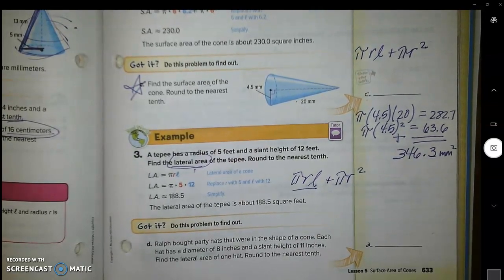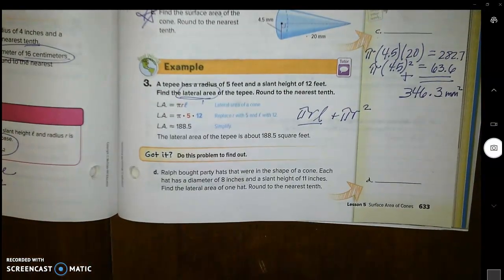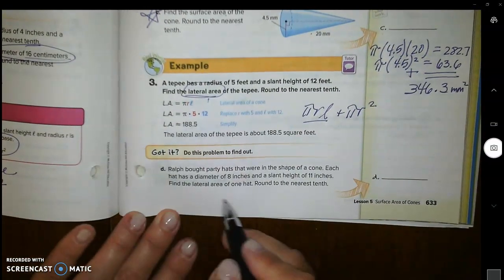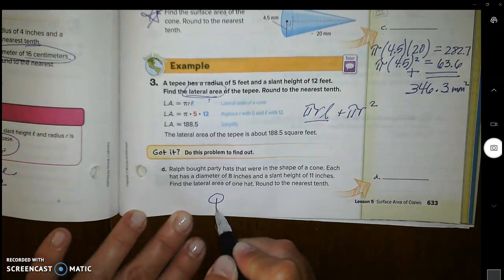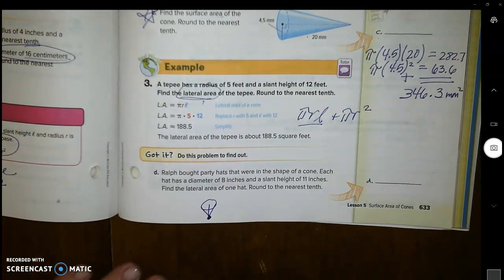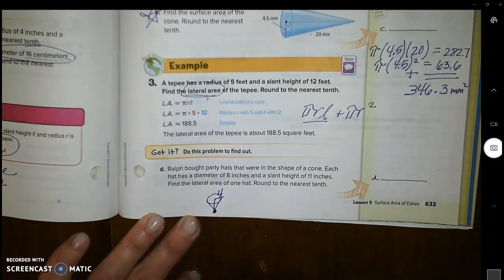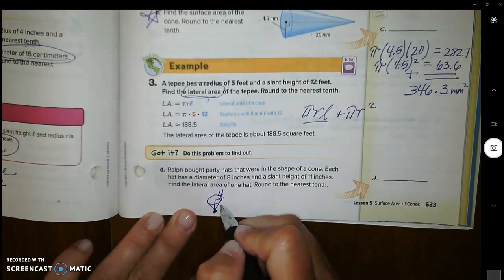All right, let's look at letter D down at the bottom. Let's talk about Ralph. Ralph bought party hats that were in the shape of a cone. So here's my cone, and it's a party hat. Let's put a little pom-pom on the bottom. Each hat has a diameter of 8, so the radius is 4, and a slant height of 11.